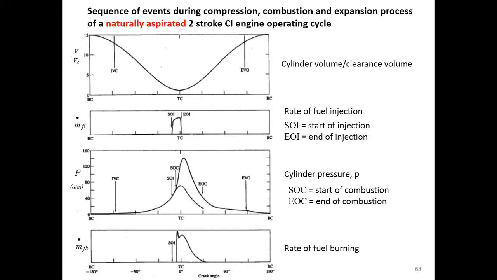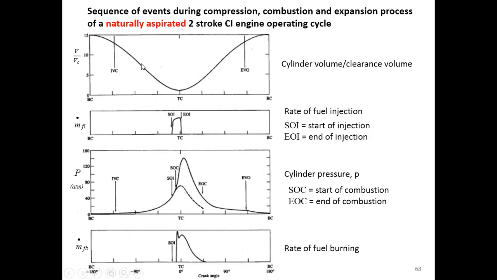Now I show you the diagrams for the naturally aspirated 2-stroke CI engine. That means it is a 2-stroke CI engine that draws the air by itself, purely by itself, with no other device helping to draw the air into the cylinder.